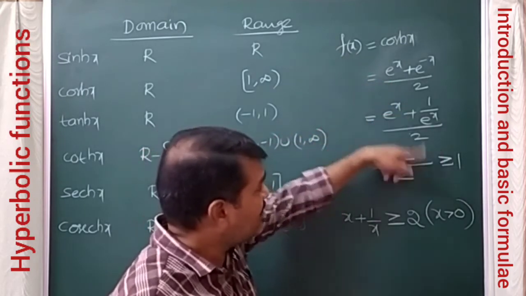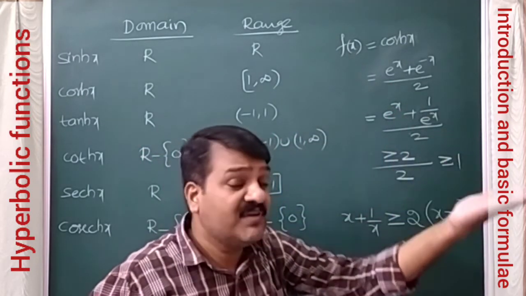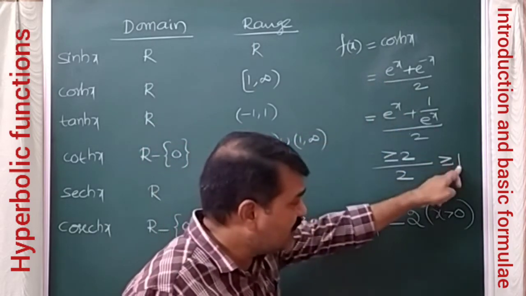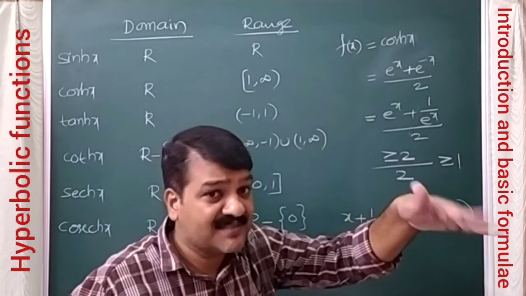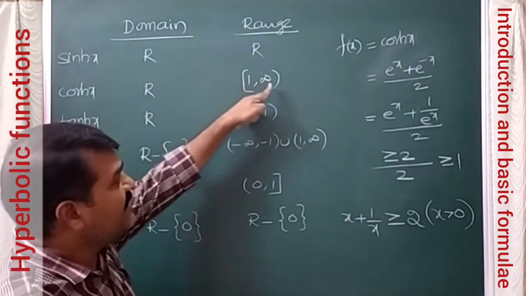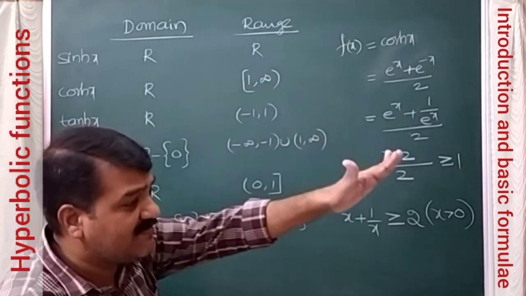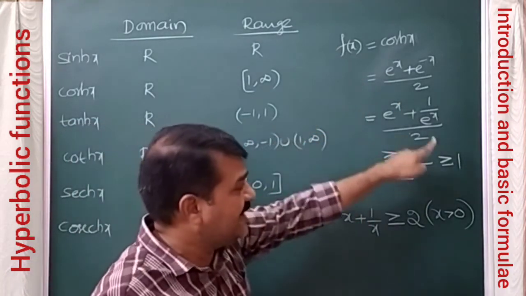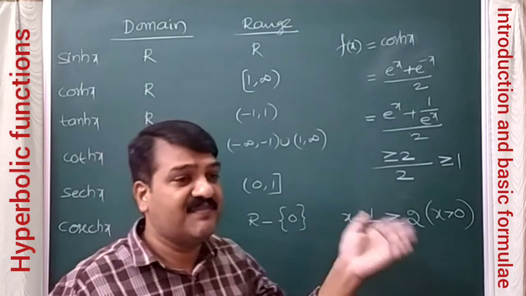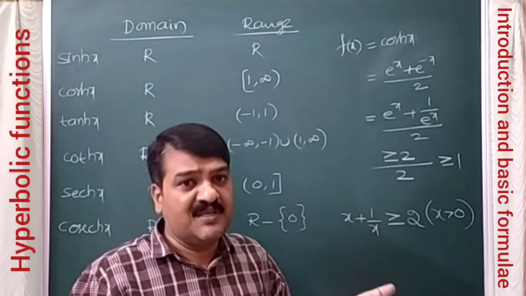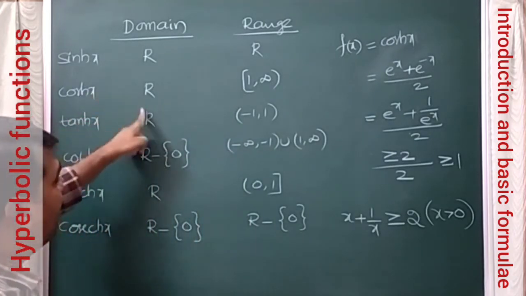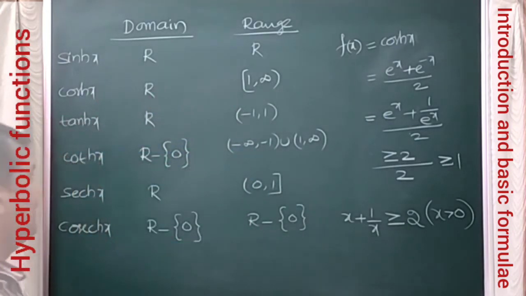Function values, f of x values, only will constitute the range. So f of x is greater than or equal to 1 or more than that. Therefore, the range will be 1 to infinity, 1 or more than 1. That is the interval for f of x. Because the collection of output values or function values is nothing but the range. So this is the description of domain and range for cos hx.